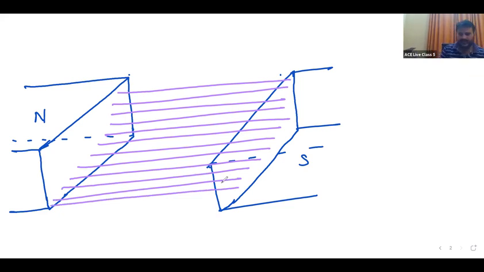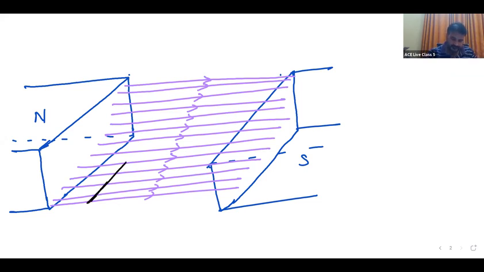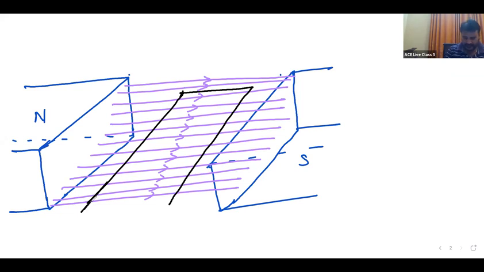So let me take a single turn coil. A single turn coil. So this is the flux direction. Let me take a coil. This is a coil.